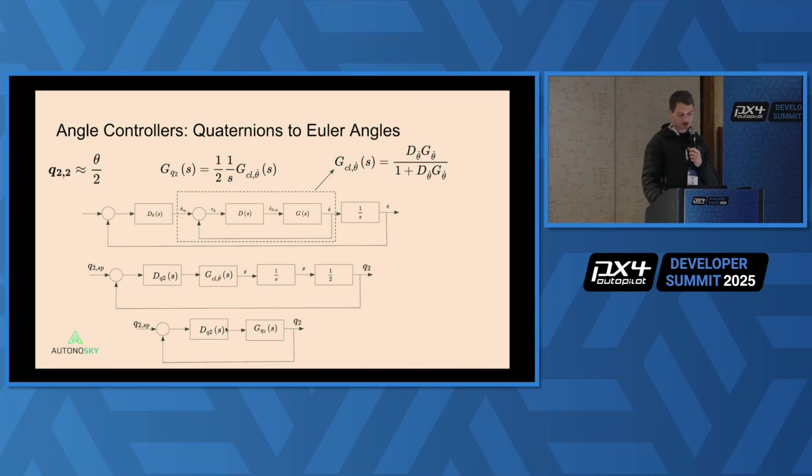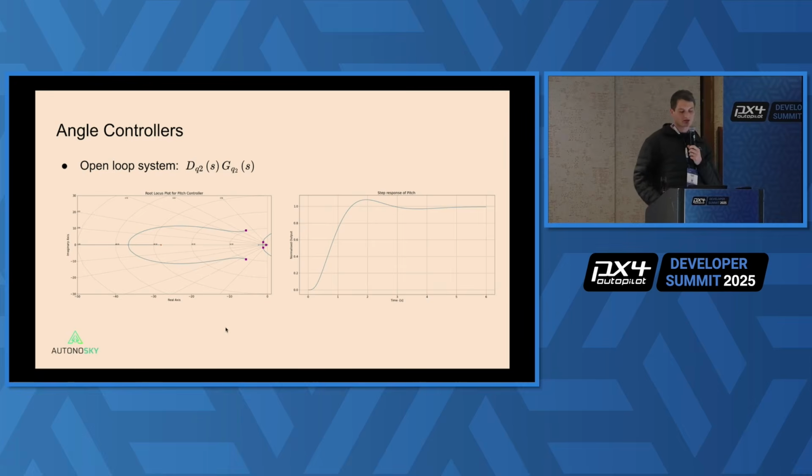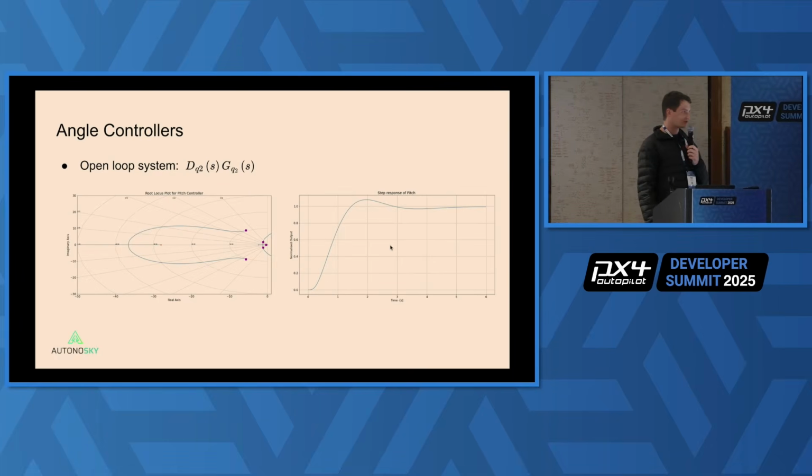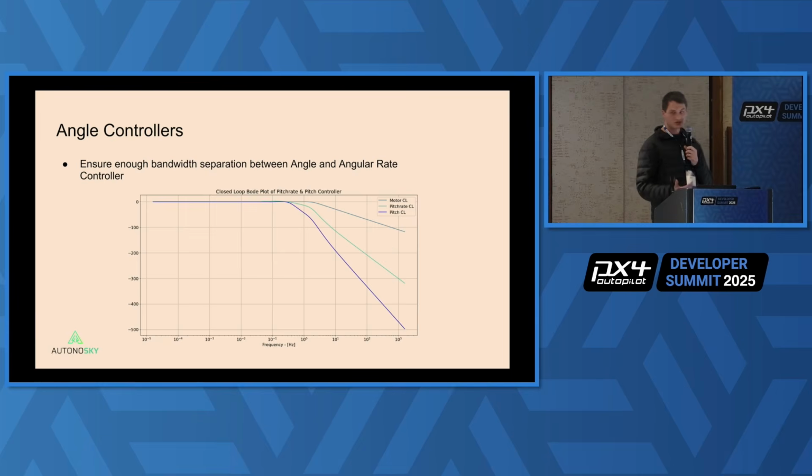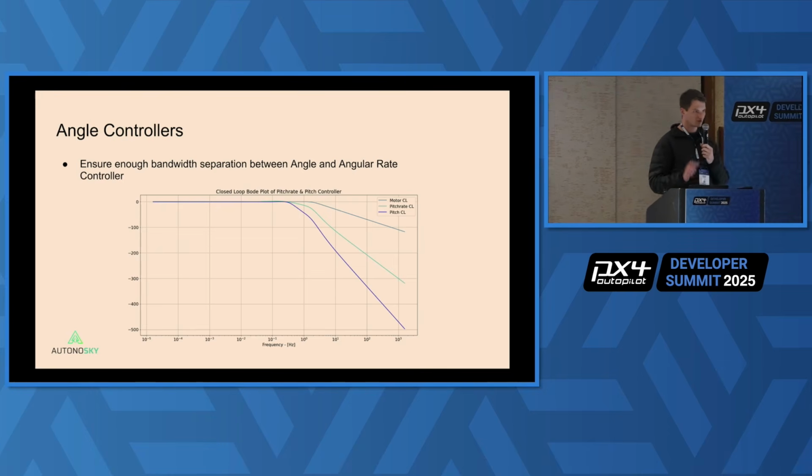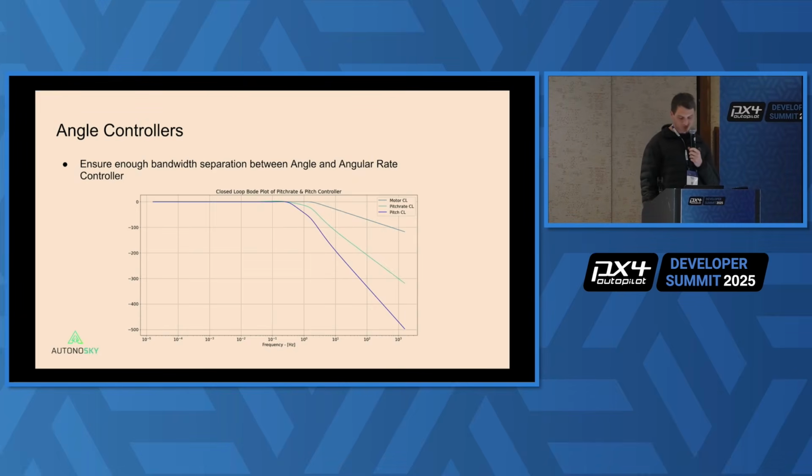And now we just repeat the process of designing this proportional gain in the root locus, and then tuning it to the point that you're happy with your closed loop pitch response. And again, you need to ensure that there is enough separation between your pitch rate closed loop system and your pitching closed loop system. Otherwise, again, these two will start fighting between each other.